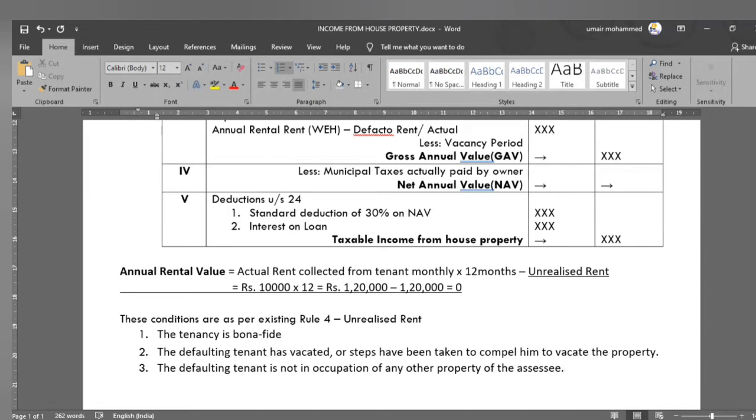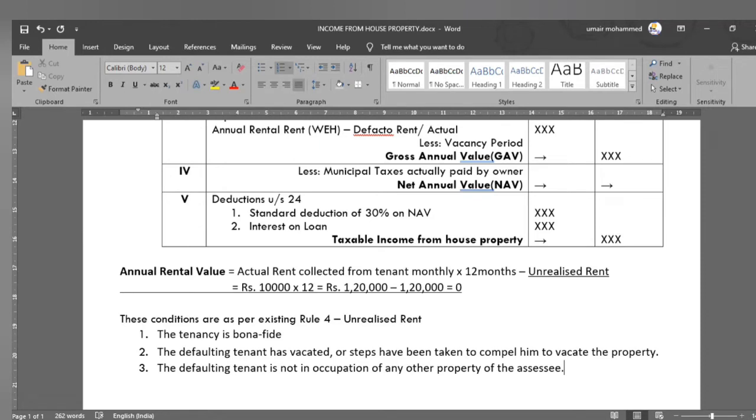But the agreement is between me and you. So I'm not paying you rent for the Langford Town house, but for the Shantinagar house, I'm paying you rent. If this is the case, then the income tax department will not allow it, because rule number 4 says the defaulting tenant is not in the occupation of any other property of the assessee.